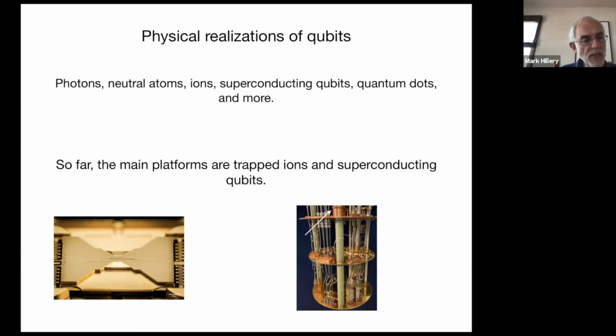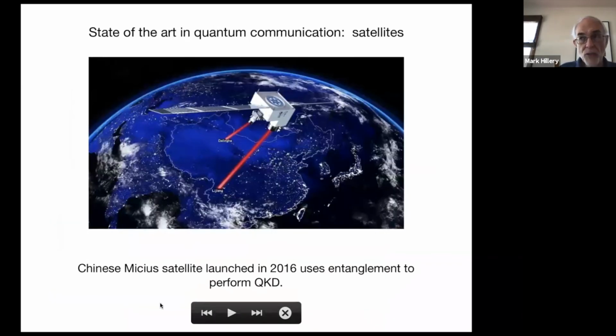So both of these things have gotten up to the size of between 50 and 100 qubits, and have shown that you can actually perform these quantum operations and get some kind of results out.